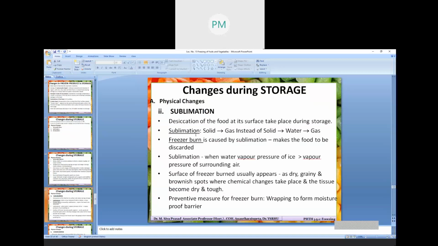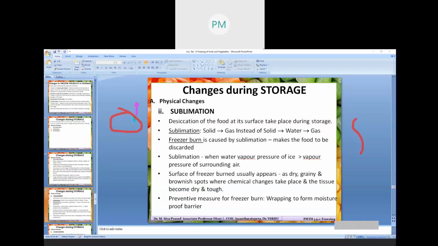From the surface of a fruit, when it starts subliming, for example, we have a fruit. On the surface of the fruit, if there is a formation of ice, this ice starts evaporating.